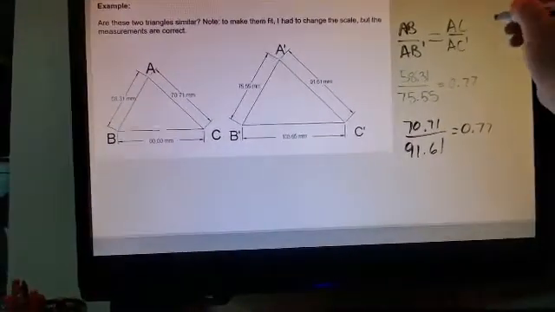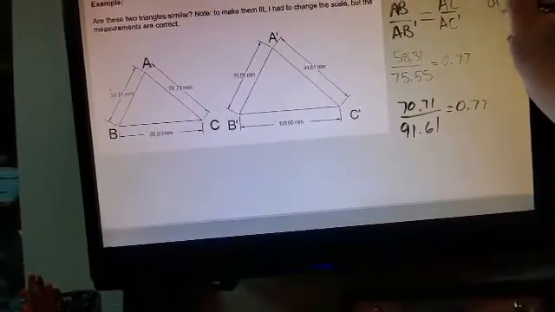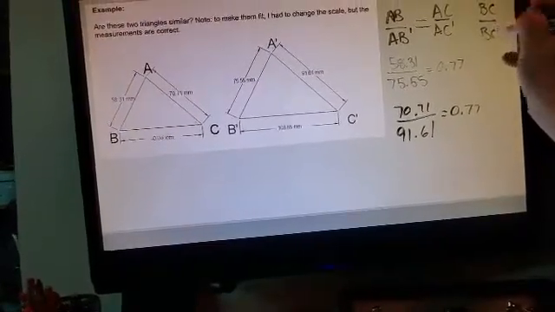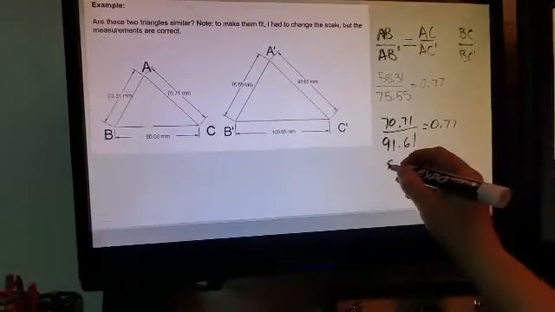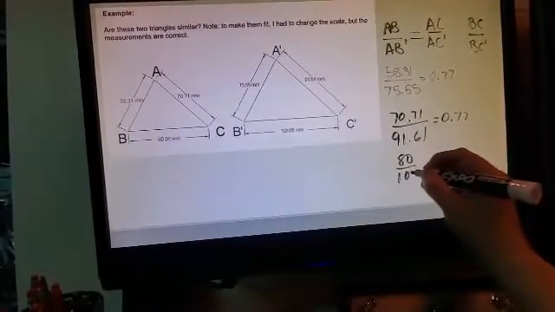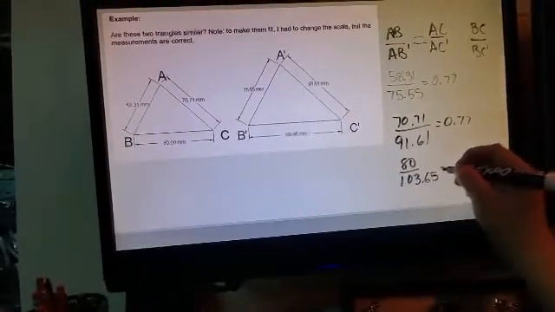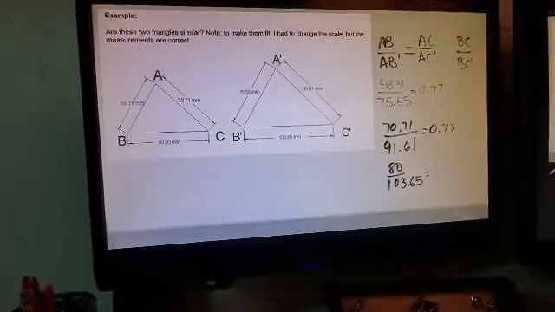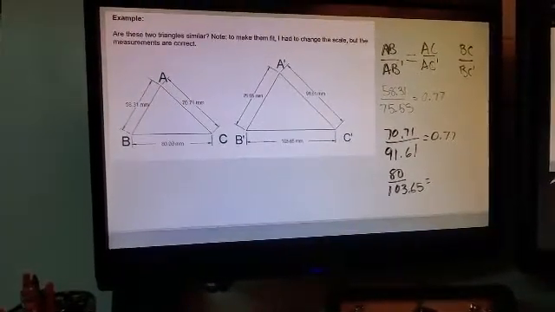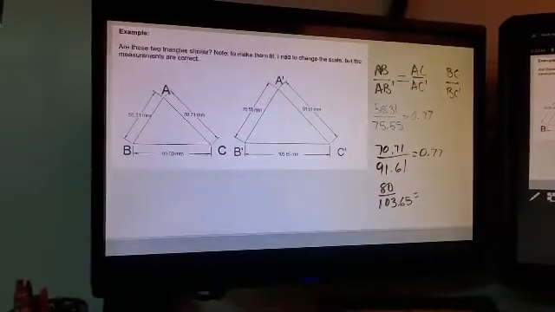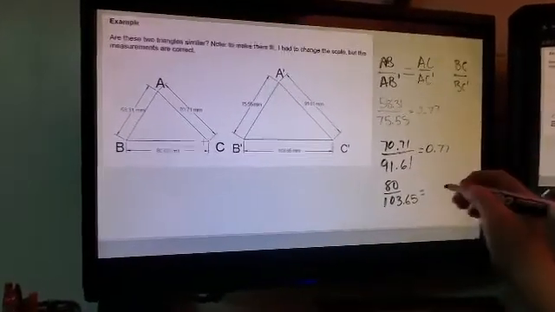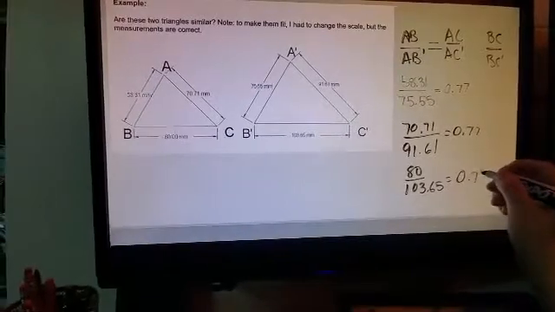BC. So let's check BC and B'C'. So that's going to be 80 over 103.65. So once again, we have a ratio of 0.77, so they are similar.